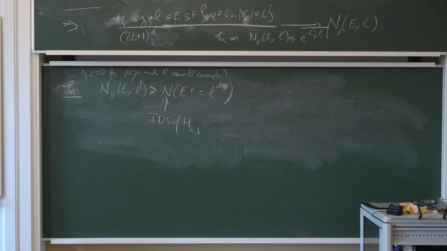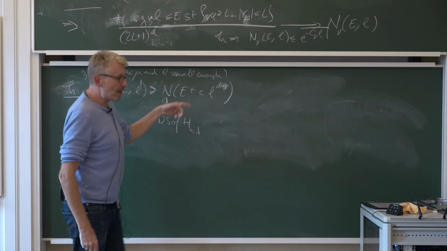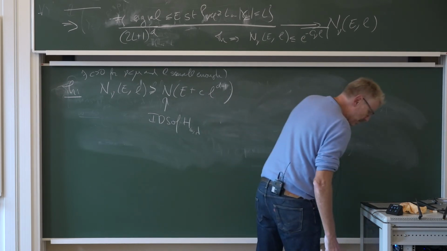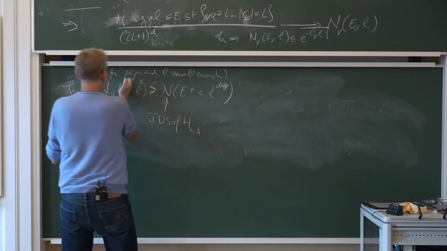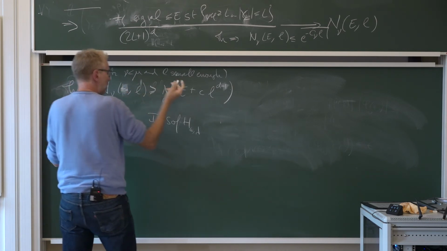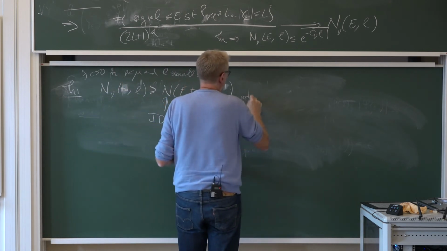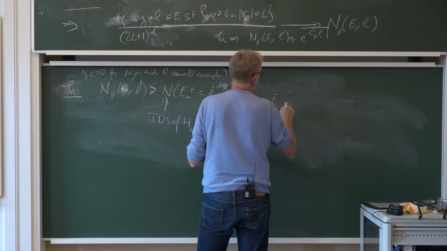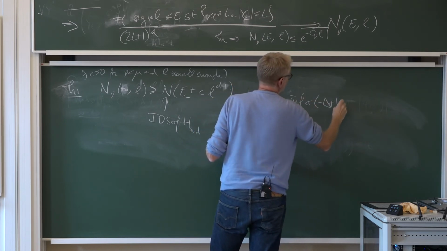Okay? And so in particular, if you look at what's happening at the bottom of the whole spectrum, E minus is the infimum of the spectrum of minus Laplacian plus V omega.